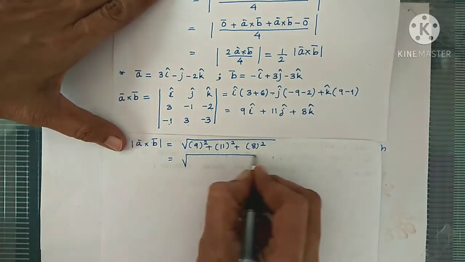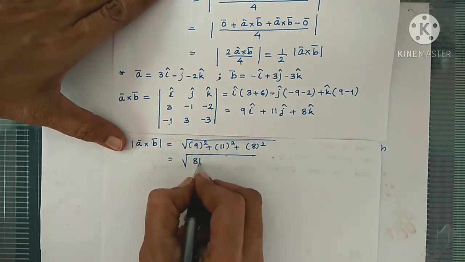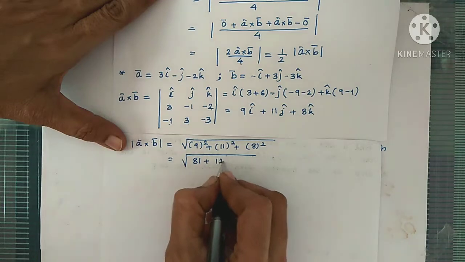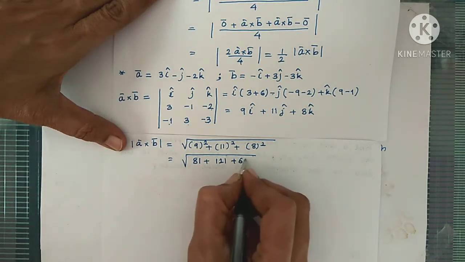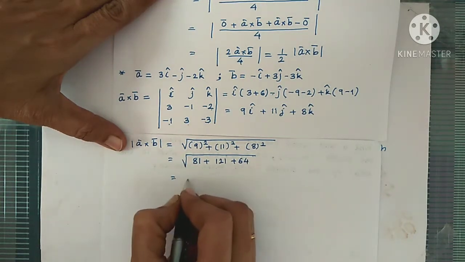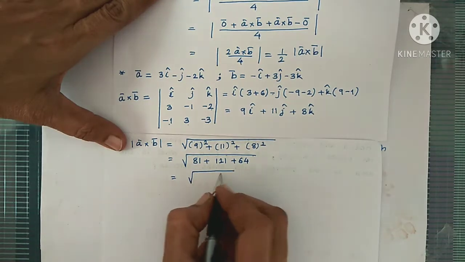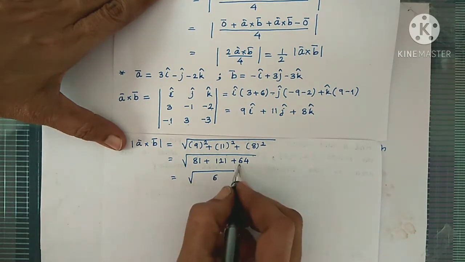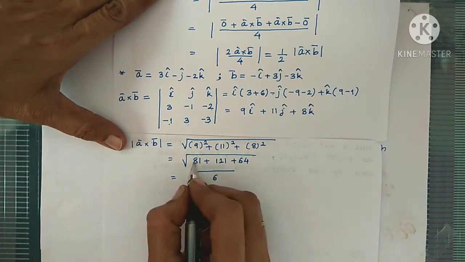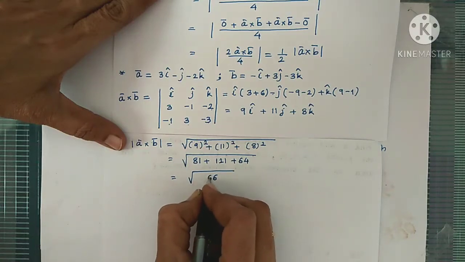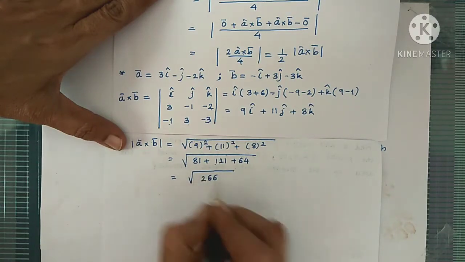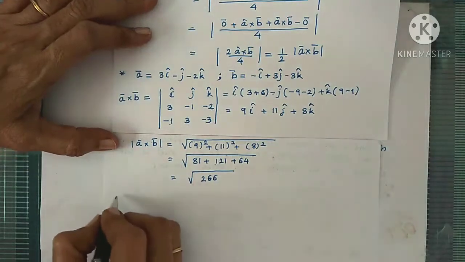So that is 81 plus 121 plus 64. So it is 4 plus 1 plus 1, that is 6. 6 plus 2, 8. 8 plus 8 is 16, and 1 plus 1 is 2. So it is root 266.